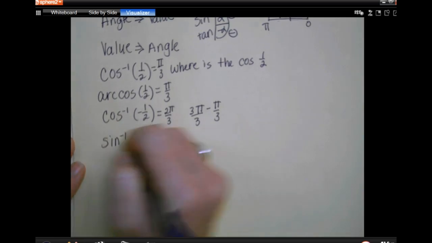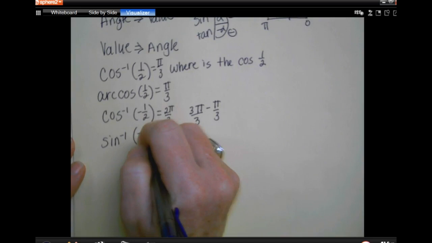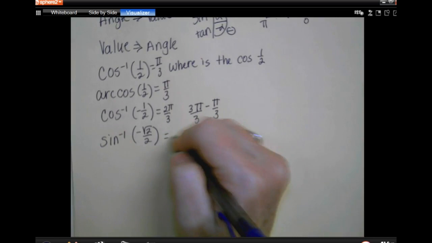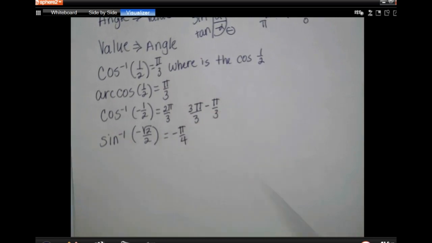I want to know where the sine is a negative square root of 2 over 2. So where is the sine square root of 2 over 2? It's at pi over 4 positive, but I want negative, so I have to say negative pi over 4.